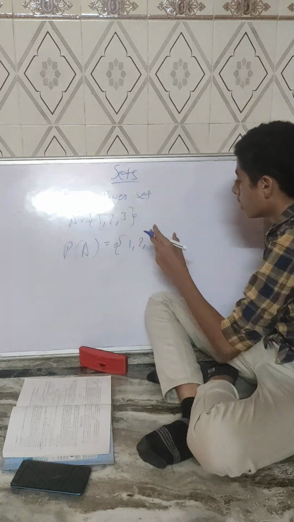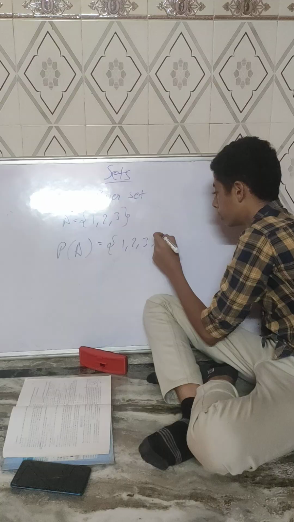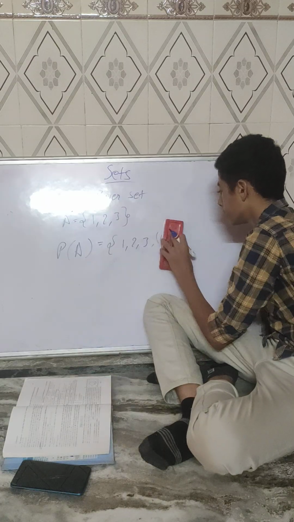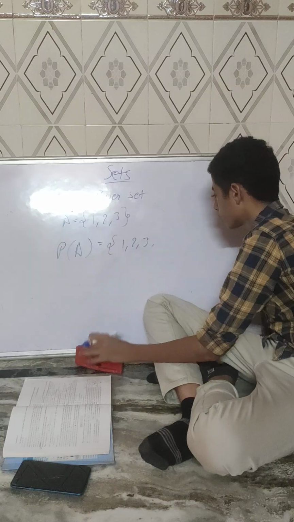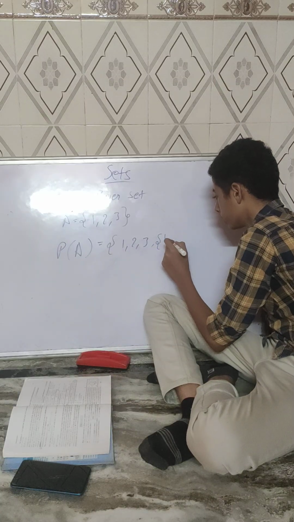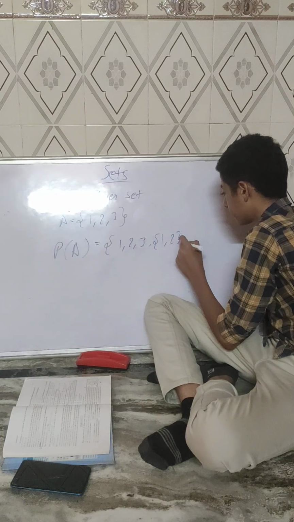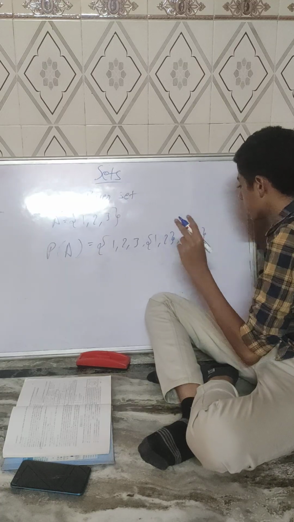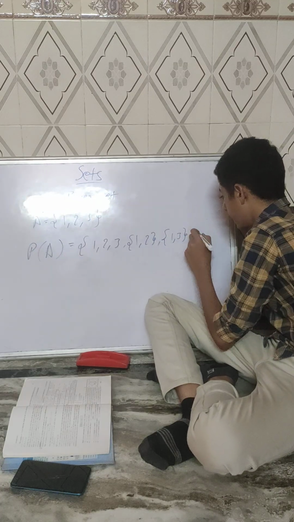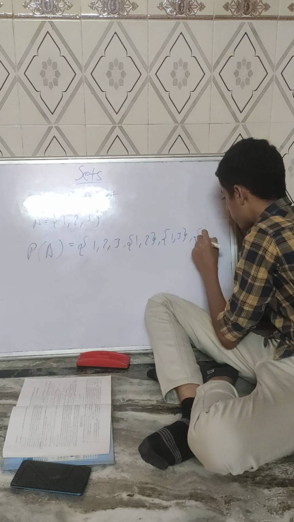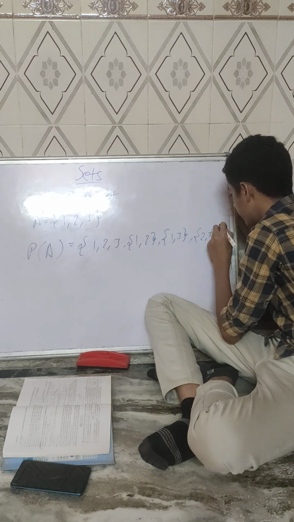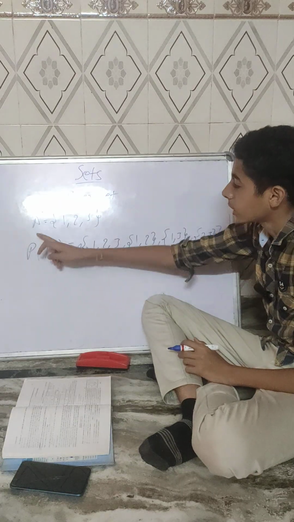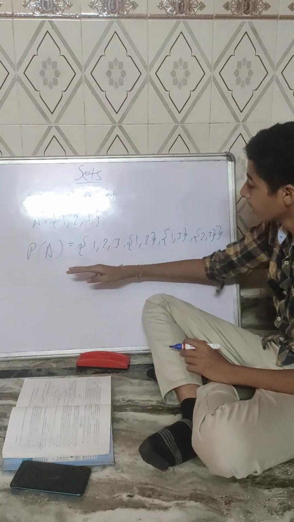Now the other subsets: 1, 2 will be considered as one element. 1, 3 will be considered as another element, and the last one will be 2, 3. So this will become our power set of A.